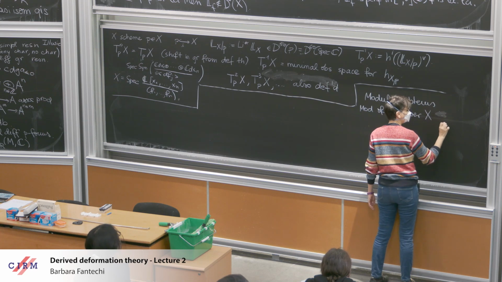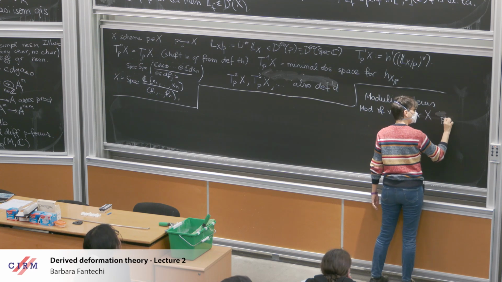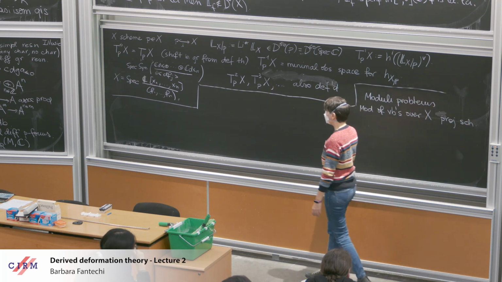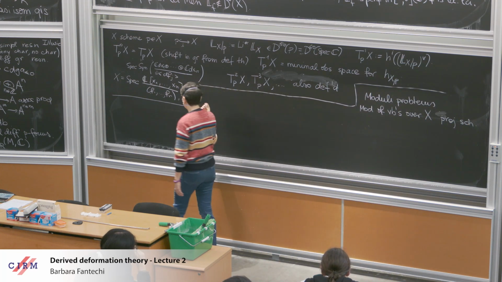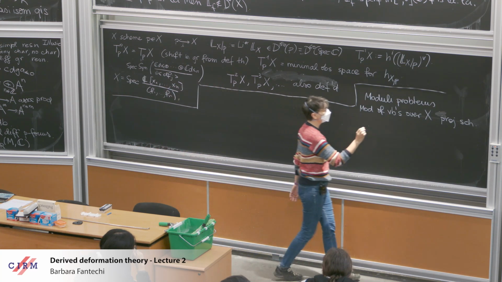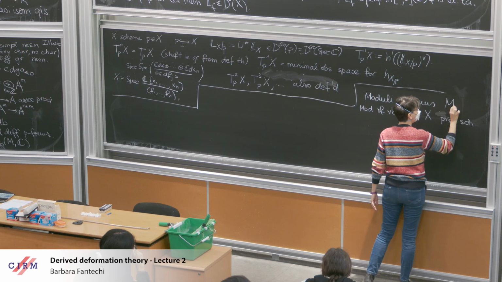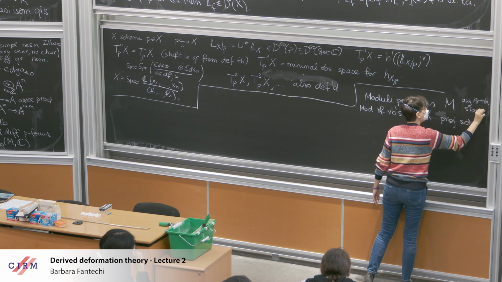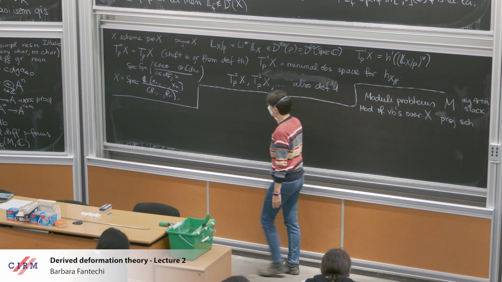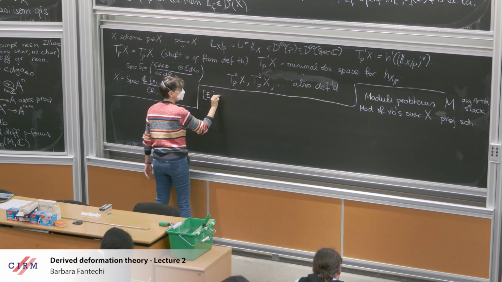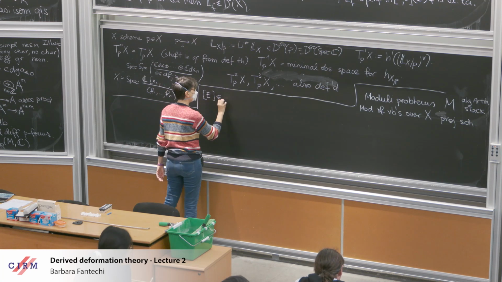I don't think I need smooth here. Then what I have now is that if I take M, this moduli stack, this is an algebraic Artin stack. And if I take a point in here, this is just a vector bundle.